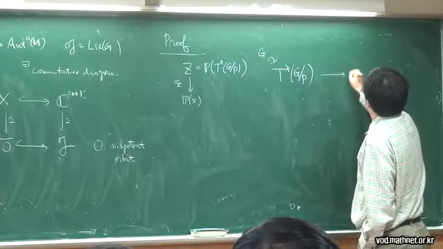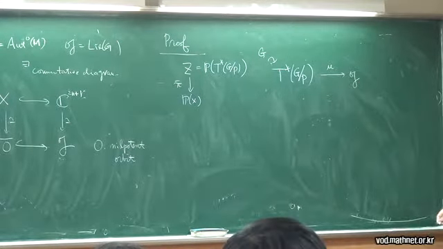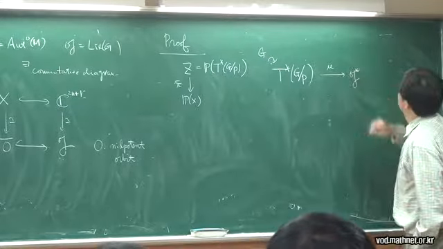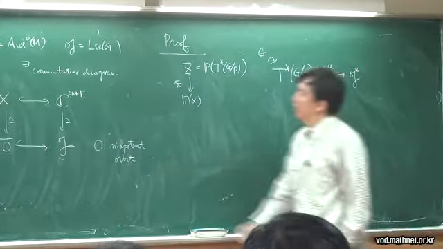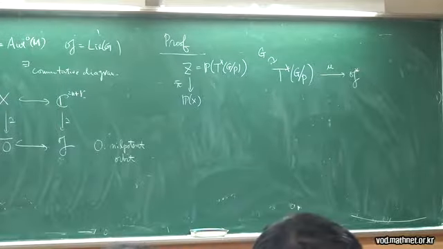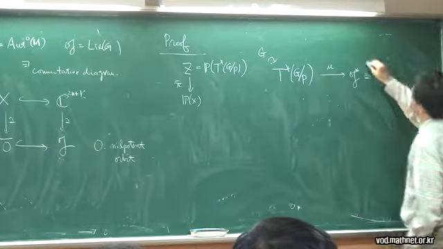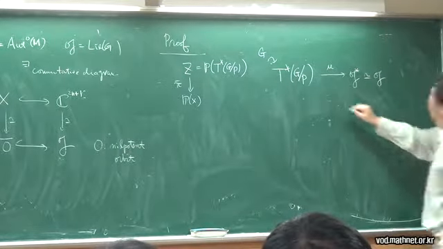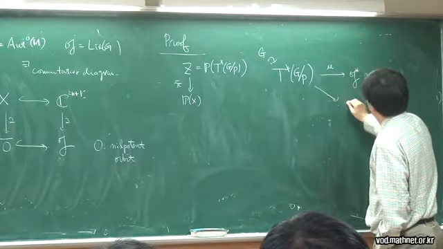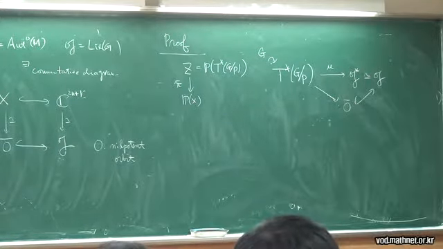So you have a moment map for such a G action, but the target space is usually the dual. But here, g is semisimple, so the dual of g is identified with g by the Killing form, and this is a G-equivariant map. So the map is factorized as follows.